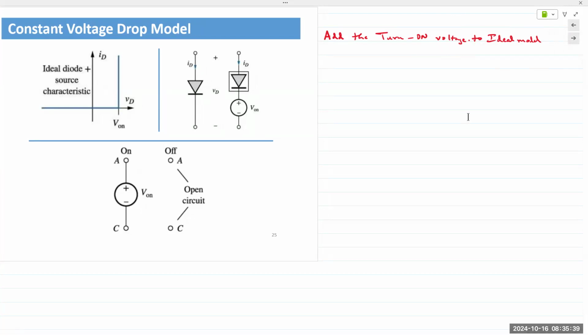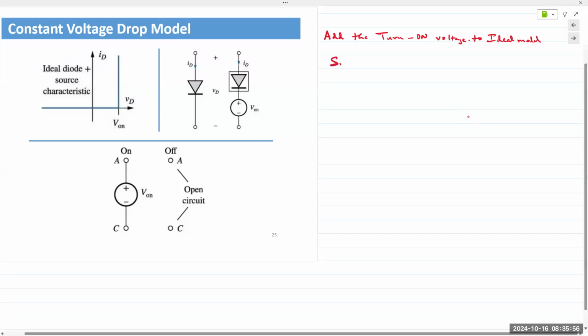And typically, depending on the diode, of course, if it's a germanium diode, you would take 0.2 volts. If it's a silicon diode, you would take 0.6, 0.7. It would be up to you as an engineer to decide what you wish to use, depending on what diodes you have available to you. So silicon, let's say we take 0.6 volts. Germanium, we would take 0.2 volts.